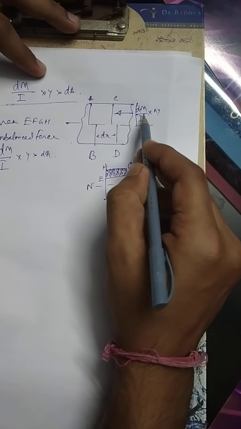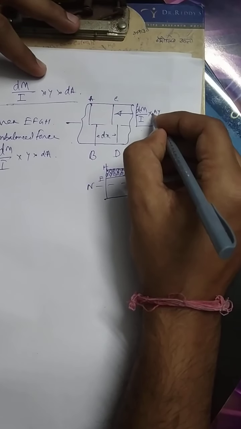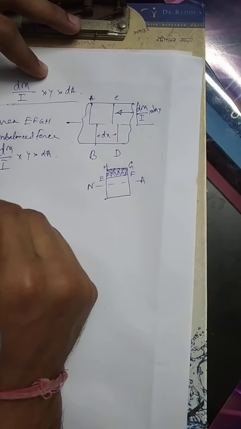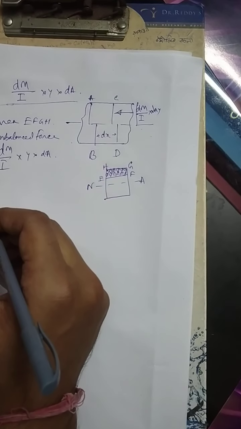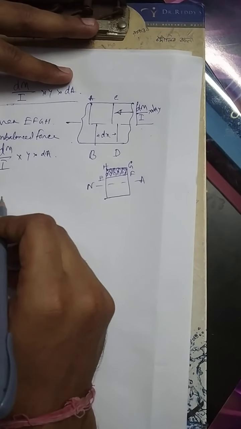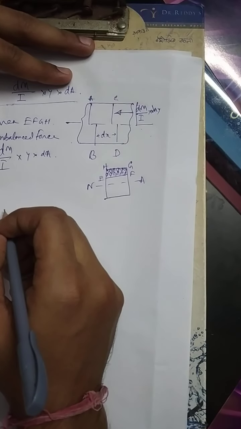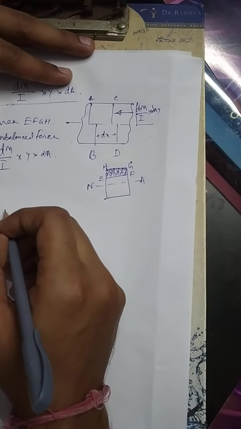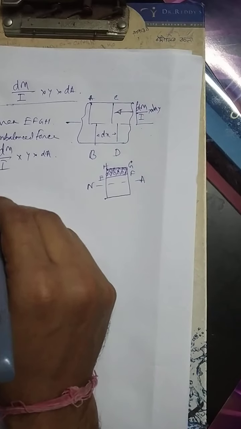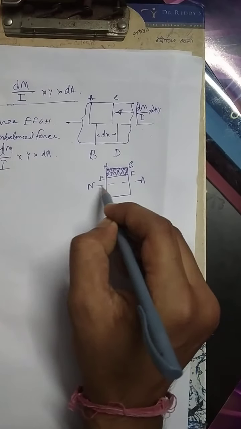What we have written here, dm by I into dA into y. So if we take this out, because I is the moment of inertia of this total area about its neutral axis. So this I is the moment of inertia of this total section about the neutral axis.